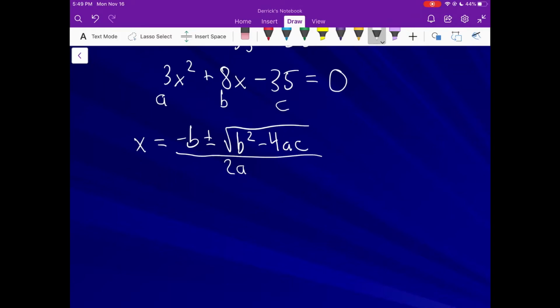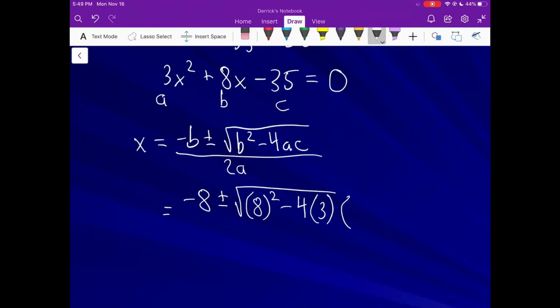Negative b, well, if b is 8, the negative of 8 would be negative 8, plus or minus the square root of, again, our b value of 8 squared minus 4 times our a value of 3 times our c value of negative 35.